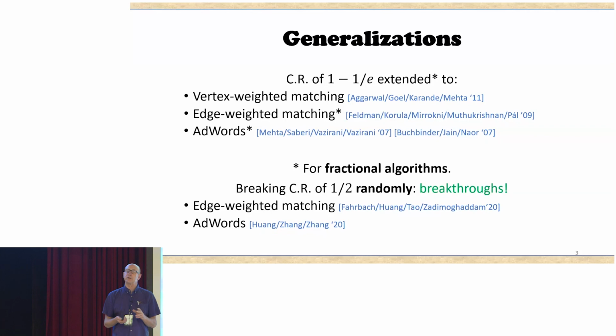This is edge-weighted with free disposal. Without the free disposal, which allows us to dispose of previously matched edges, one cannot get any finite bound. Also for AdWords, the 1/2 has been broken recently, but the known randomized bounds are still between 1/2 and 1 minus 1 over e.